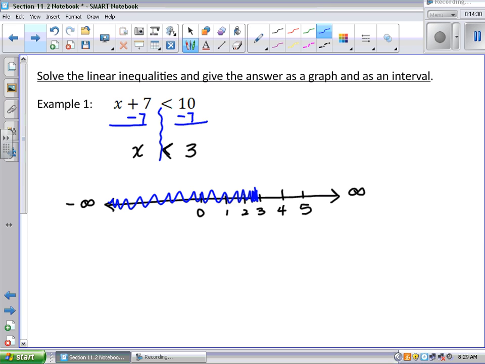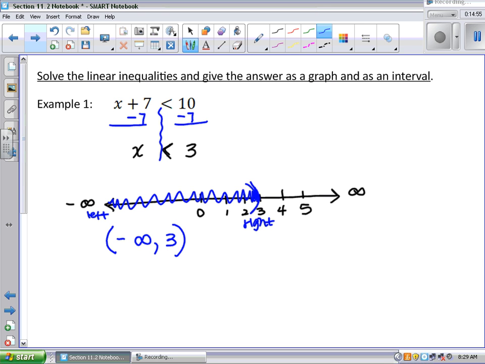And I have the less than inequality sign, so it tells me I'm going to use a parenthesis at my number 3. In my interval, at the left-hand side of my shading, I have negative infinity, and we always use a parenthesis at negative infinity. And on the right-hand side, our interval stops at 3, and 3 has a parenthesis.